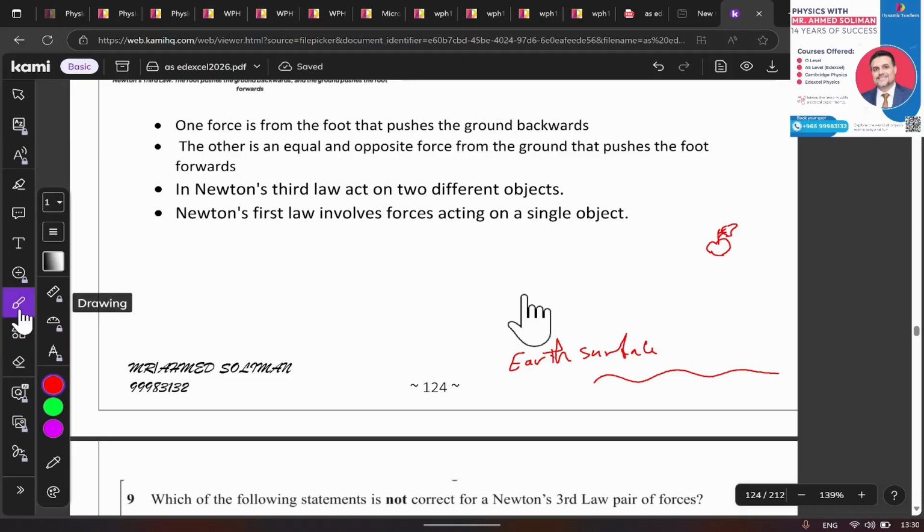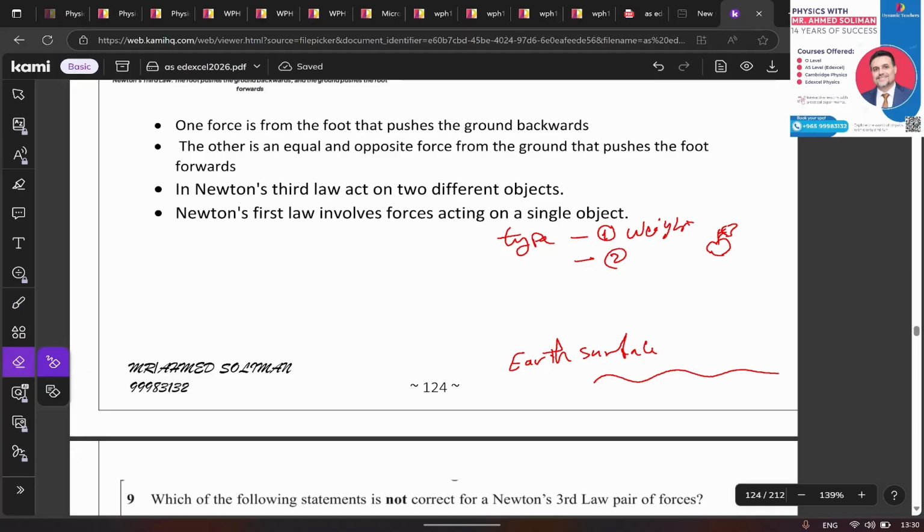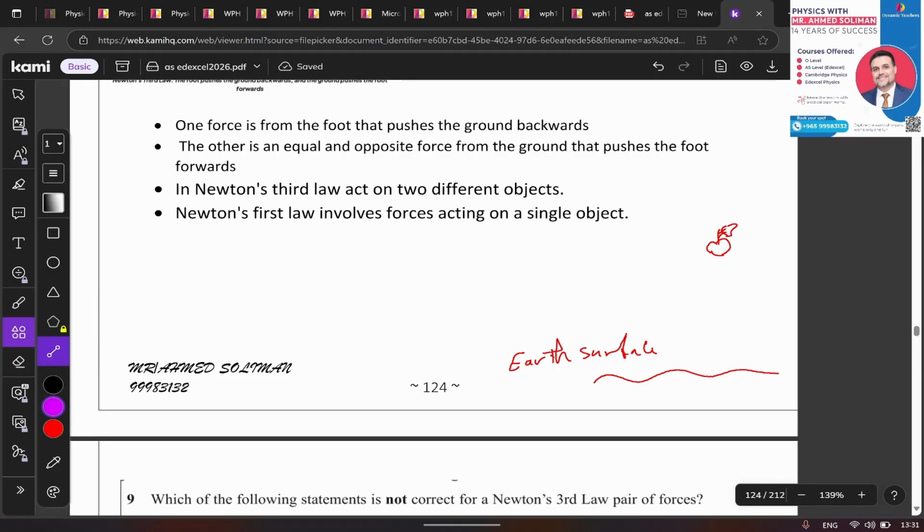What is the type of force now? Force 1 is weight, right? What is the second force? I'm not sure. What do you think? Where is the action and where is the reaction force?